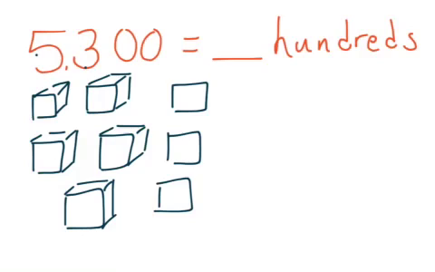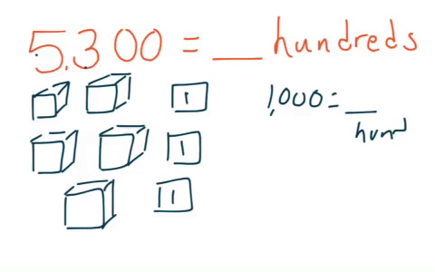So we have our cubes that represent our thousands and our flats that represent our hundreds. And we know that this is 100, this is 200, this is 300. And now we have to think about our thousands. Okay, if we have 1,000, how many hundreds is that? Well, I can count by hundreds, but I can also think about what we just talked about when I increase by place value. So if I'm going from 100 to 1,000, I know that I need to multiply times 10.